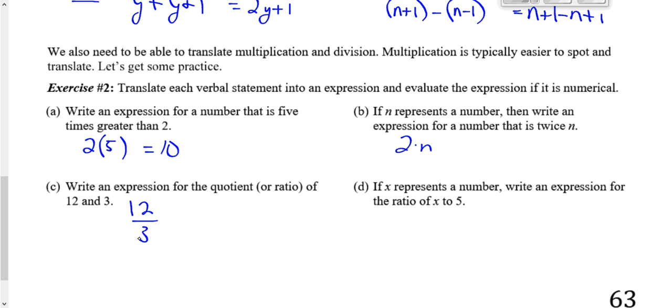And it's numerical, so that would be 4, right? And the last one there, write an expression for the ratio of x to 5. X over 5. And I hope you're all using these horizontal fraction lines, not the diagonal ones anymore. They're invalid when working with it mathematically.